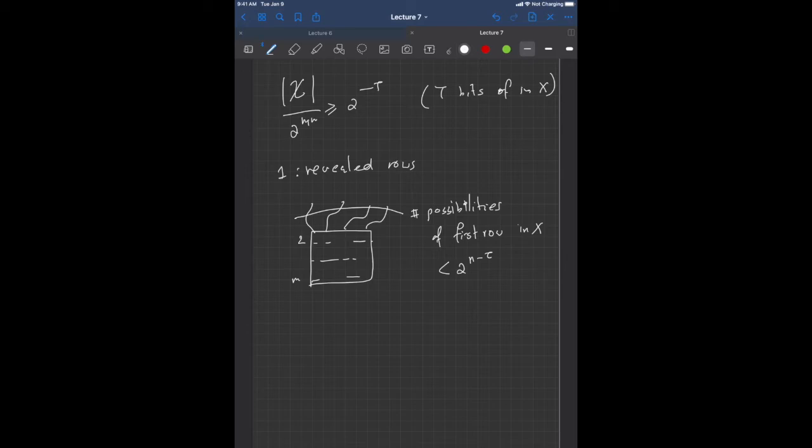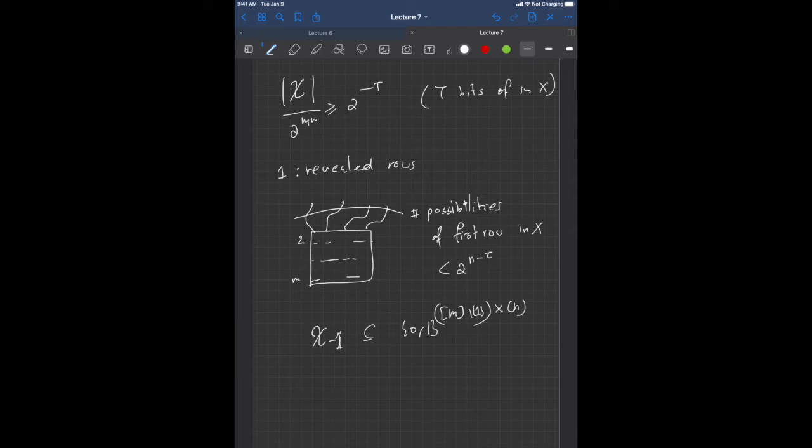So by chucking out this first row, this set X minus 1 now lives in a smaller universe. This is a subset of matrices where you don't have the first row, but you have all the n columns. So this lives in a much smaller universe. In that smaller universe, you only have a 1 over 2 to the n fraction of the possibilities of the original set of matrices.